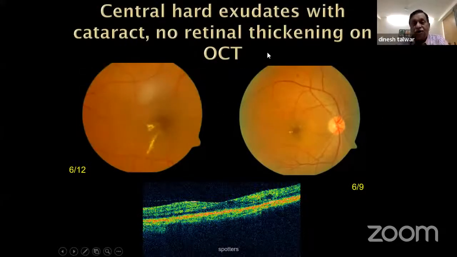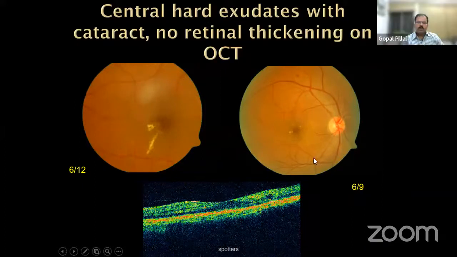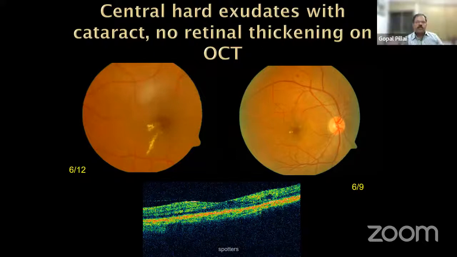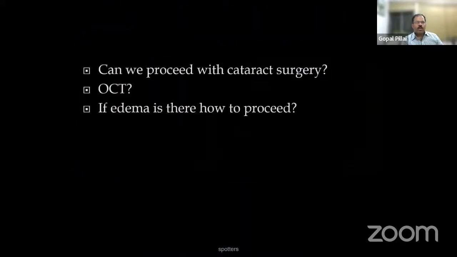In this right eye, you can say yes, there is moderate NPDR. You can see there are 1, 2, enough to postulate that there would be a reasonable number. So here is a case with cataract, no retinal thickening on OCT.